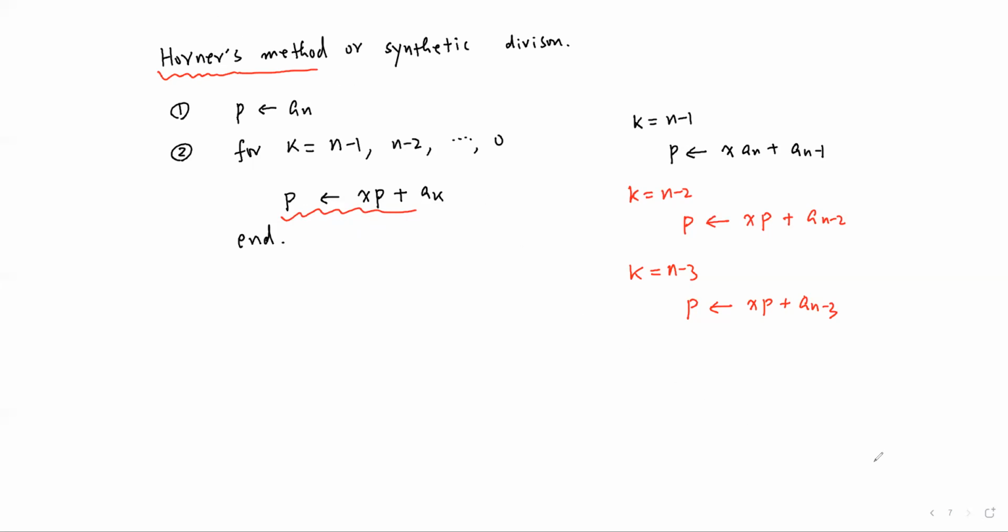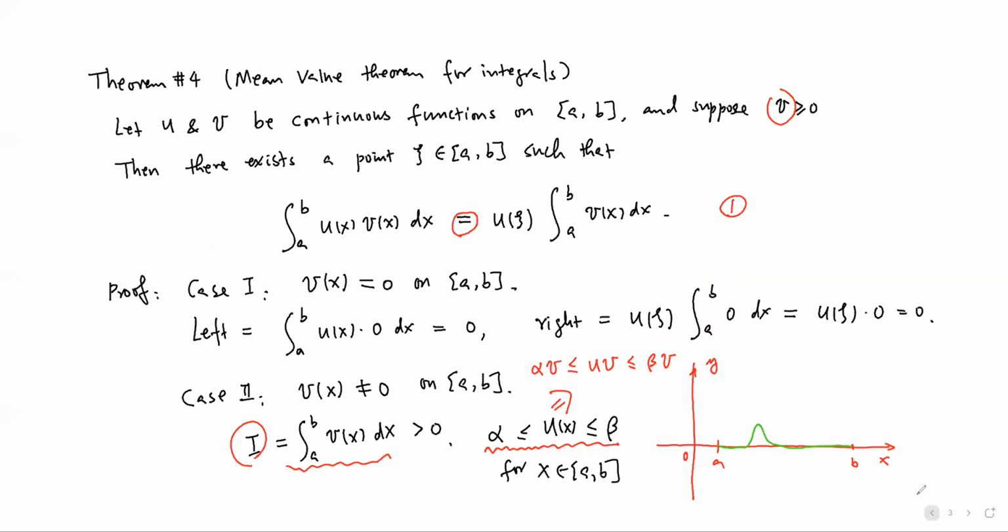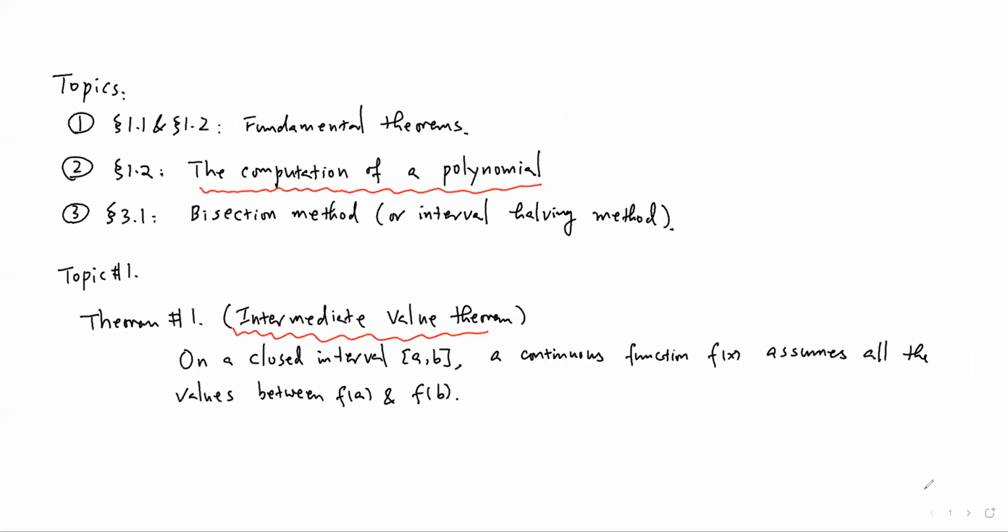Topic 3. Topic 3 is about chapter 3. Chapter 3, this whole chapter is to find the roots or zeros of general nonlinear equations.